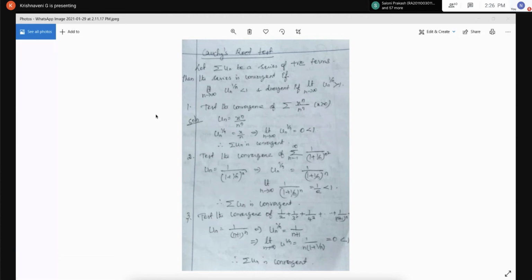Test the convergence of summation n equal to 1 to infinity of open bracket 1 plus 1 by root n, bracket over, whole power minus n to the power 3 by 2. First I will read it out and then I will tell you. I will post it in the WhatsApp group.